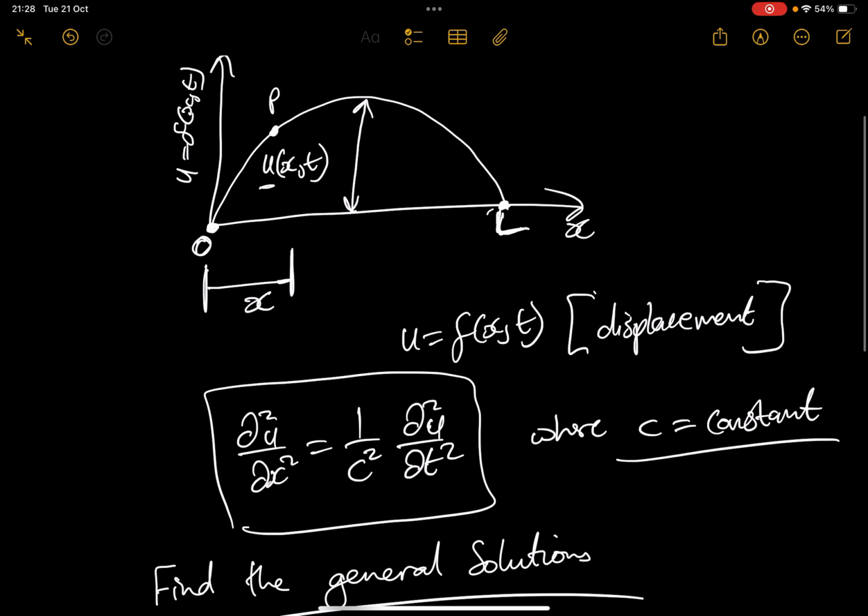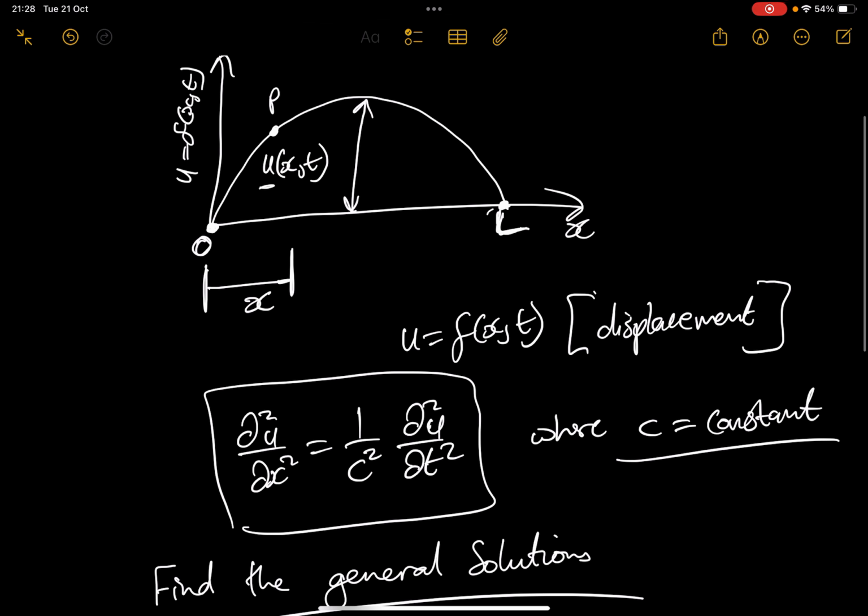This is enough to tell us that, again, this case suggests that the string is stationary.